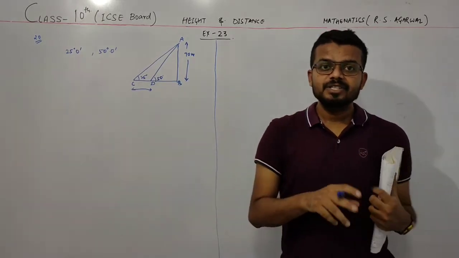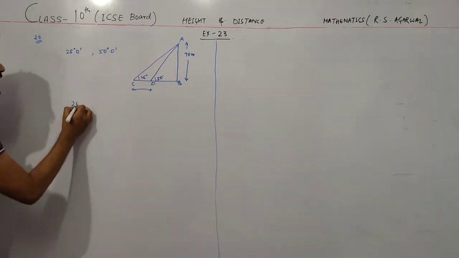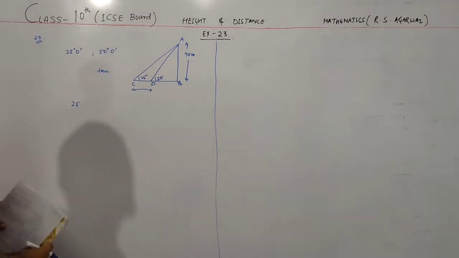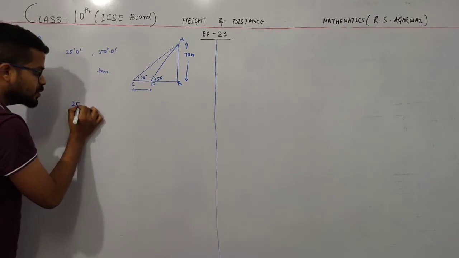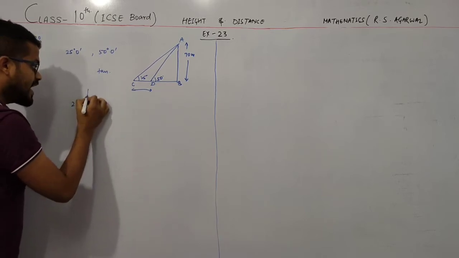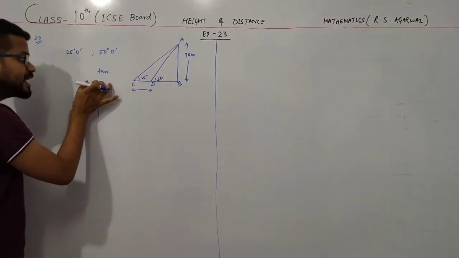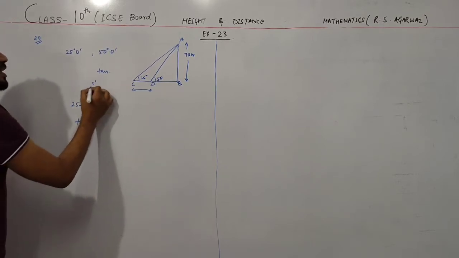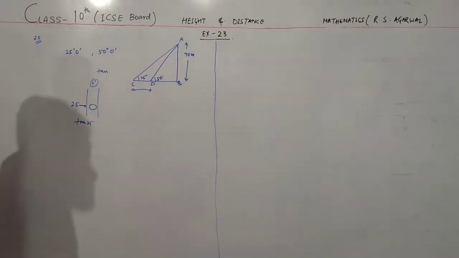See where the 25 is written in the tan table. In this row, go in the horizontal direction, and the first value of the column is the value of tan 25 degree, because there is no minute here, so simply 25 degree 0 minute is your answer.